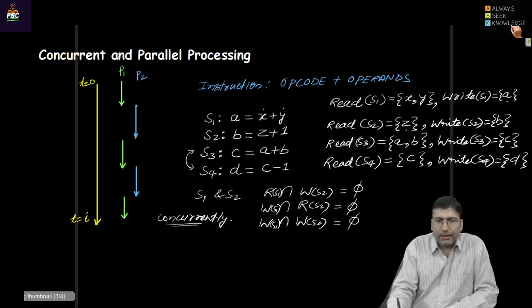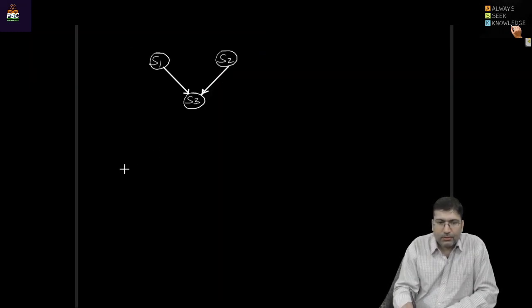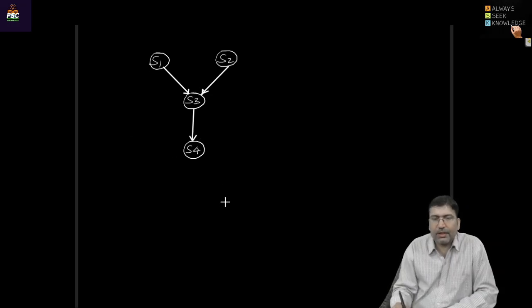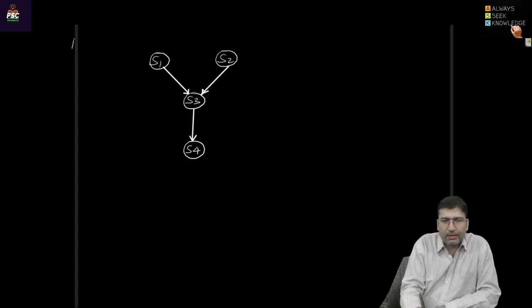And if you look at S4, S4 is dependent only on S3. So if I write S4 here, it is dependent only on S3. So such kind of graph we call a precedence graph. So let me write here, this is the precedence graph.